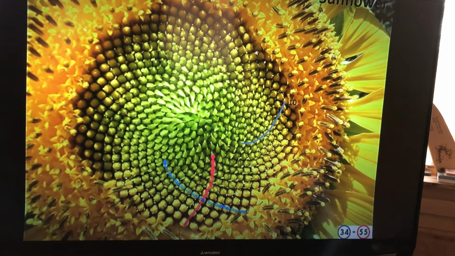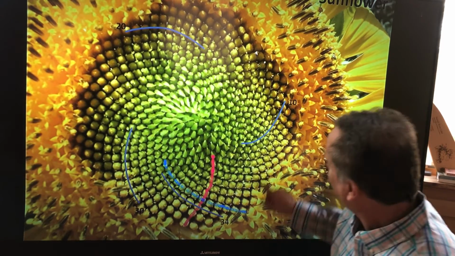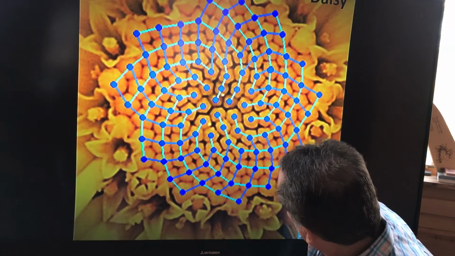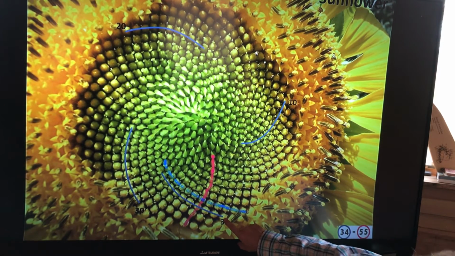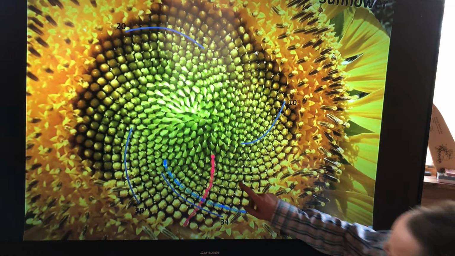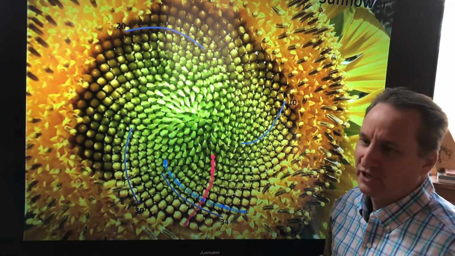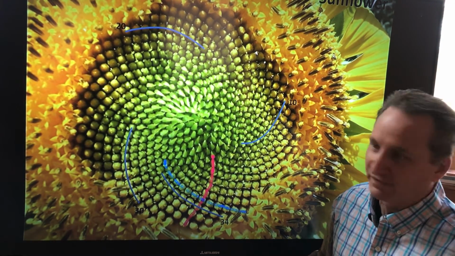Yeah, so there's the 55 of the pink, and then go back to that. So yeah, 34 of the blue, 55 of the pink. And so those are Fibonacci numbers that nature assembles itself in.